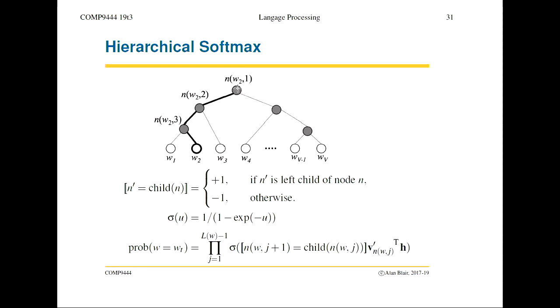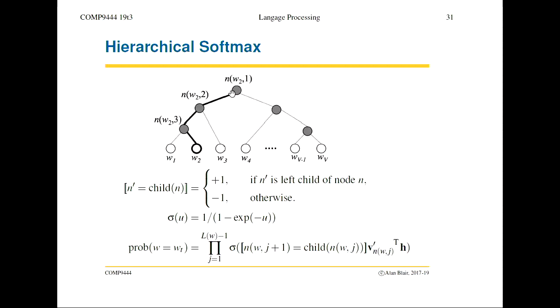I use a sigmoid at this output for this node, and the sigmoid gives me a number between 0 and 1, which is interpreted as the probability of branching right, and 1 minus that will be the probability of branching left.